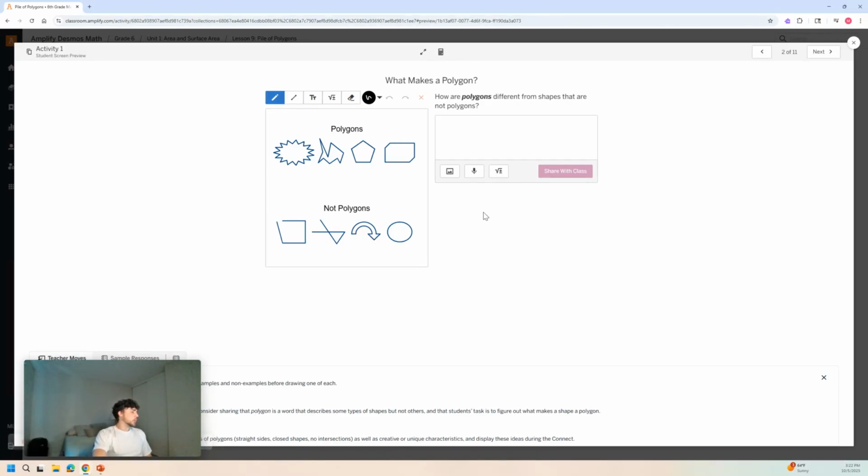But what is a closed shape? Polygons have 2 criteria: only straight sides, and they are closed. Well, a closed shape is a shape that doesn't have any open space like this right here, and it doesn't have any loose ends, like this right here.